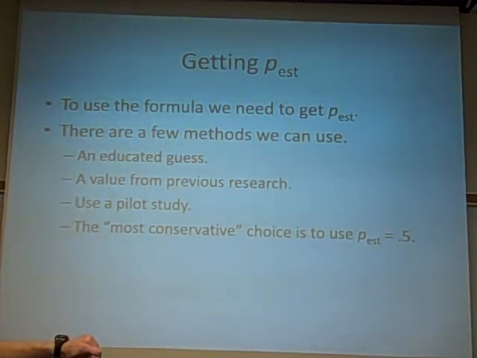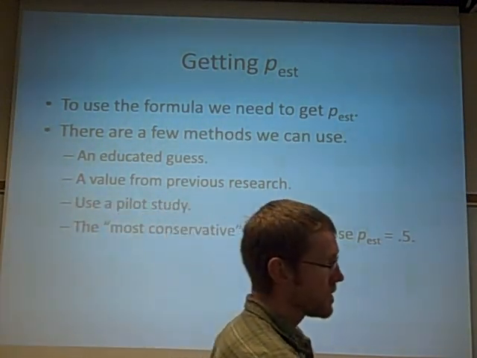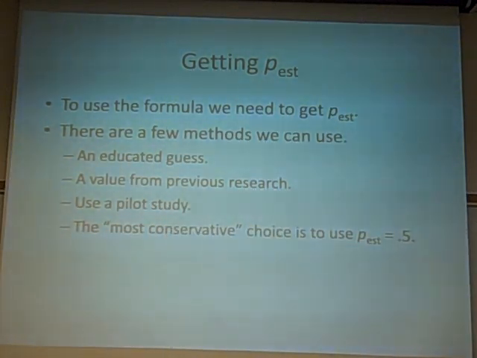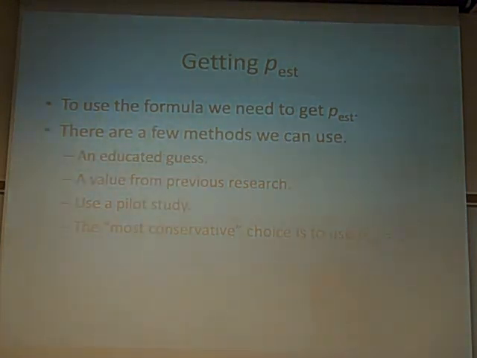You could use a pilot study. The nice thing about dealing with proportions is there is a quote-unquote most conservative choice. That means if you have no idea what to use as the proportion, you're never going to have a higher sample size than if you use p sub est equal to 0.5. Why is that? Well, let me show you why.